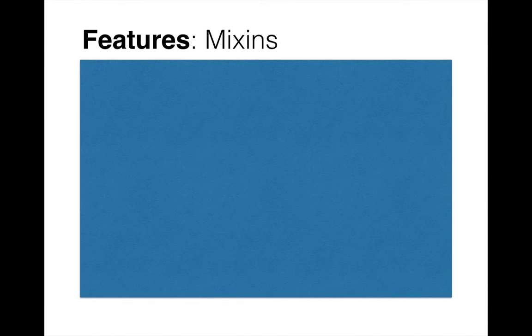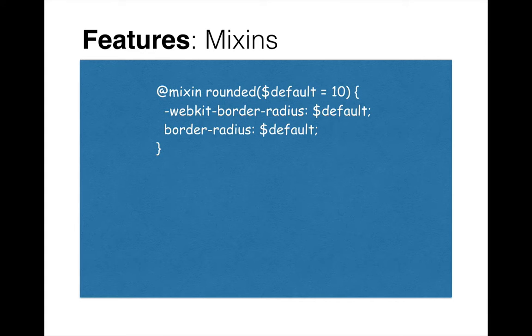The other feature is mixins, and mixins are like a function in JavaScript. All mixins start with this at sign, then the word mixin, and then the name of the mixin itself.